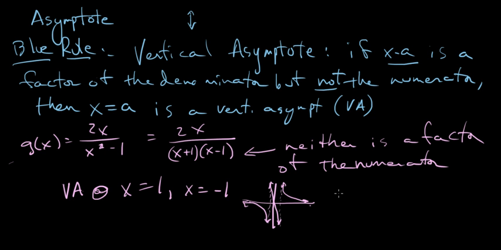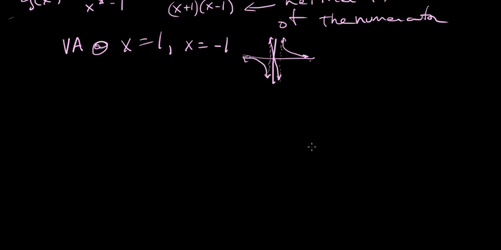The next page, which I'm going to find here in a second. Okay, what about horizontal asymptotes? Well, this is a little bit more complicated, okay?